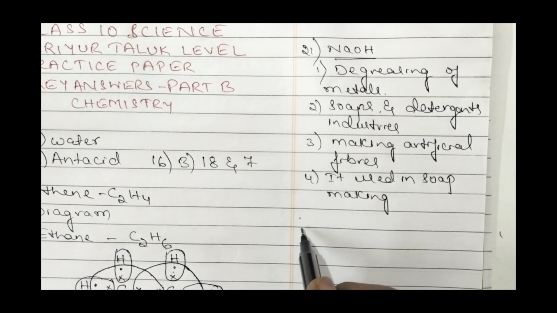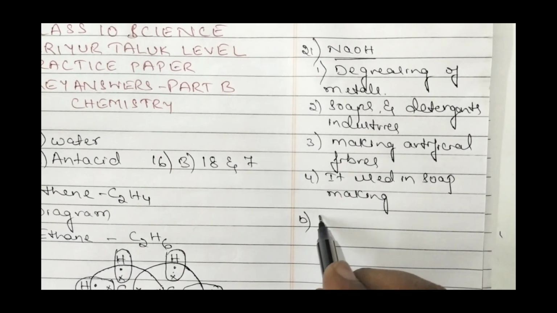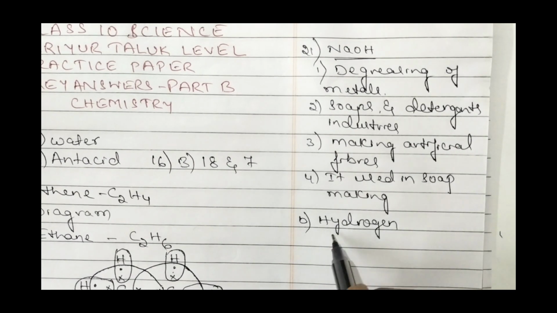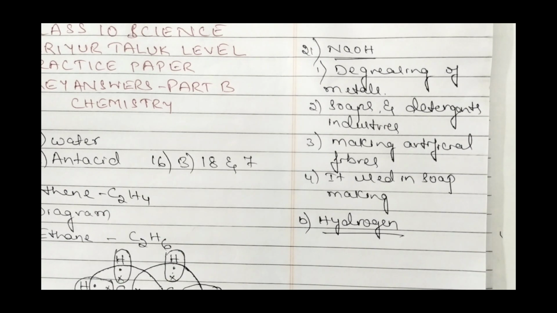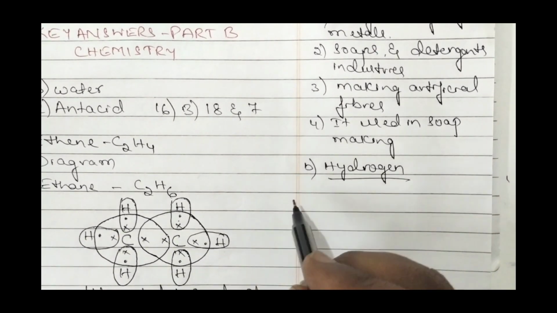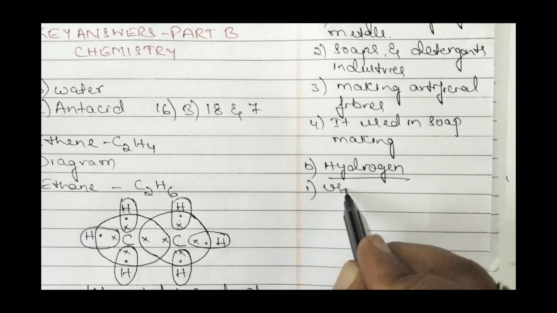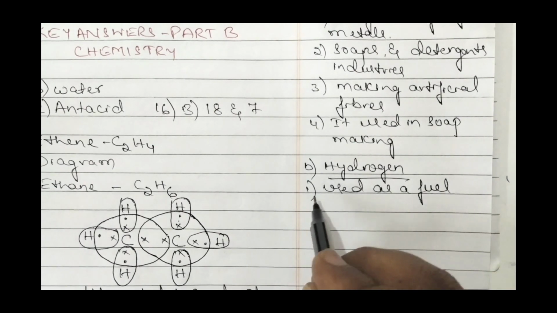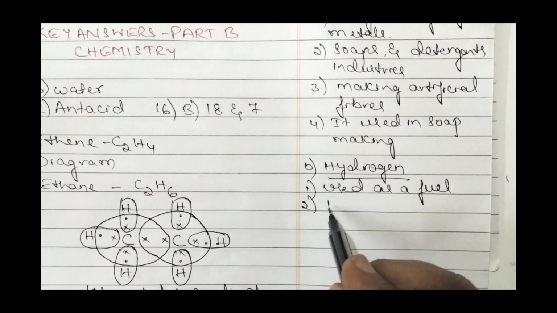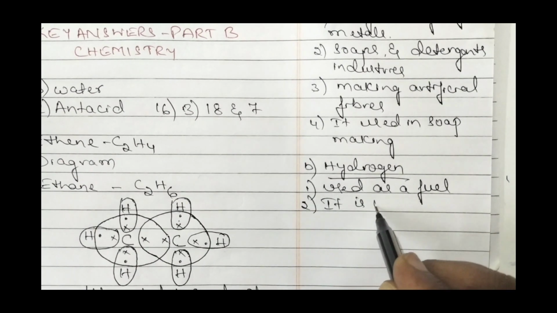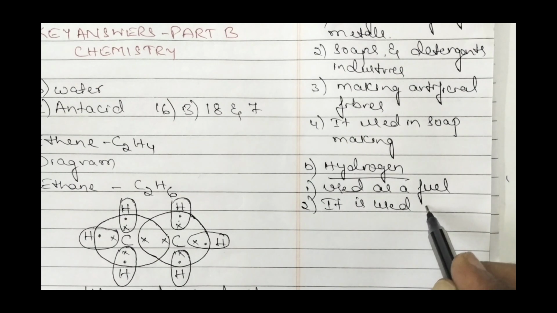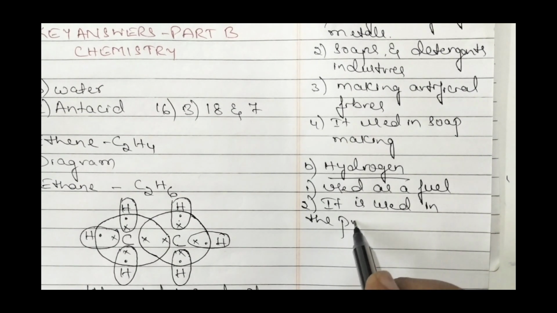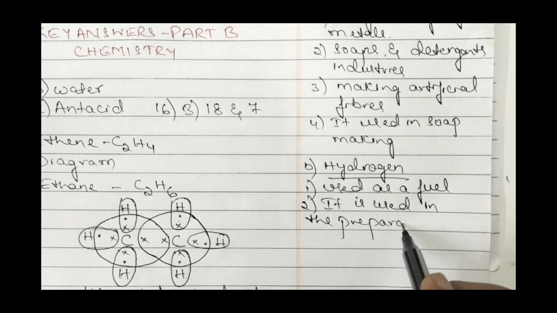Then the second one is hydrogen. So what are the uses of hydrogen? Hydrogen is used as a fuel. Then it is used in the preparation of margarine.